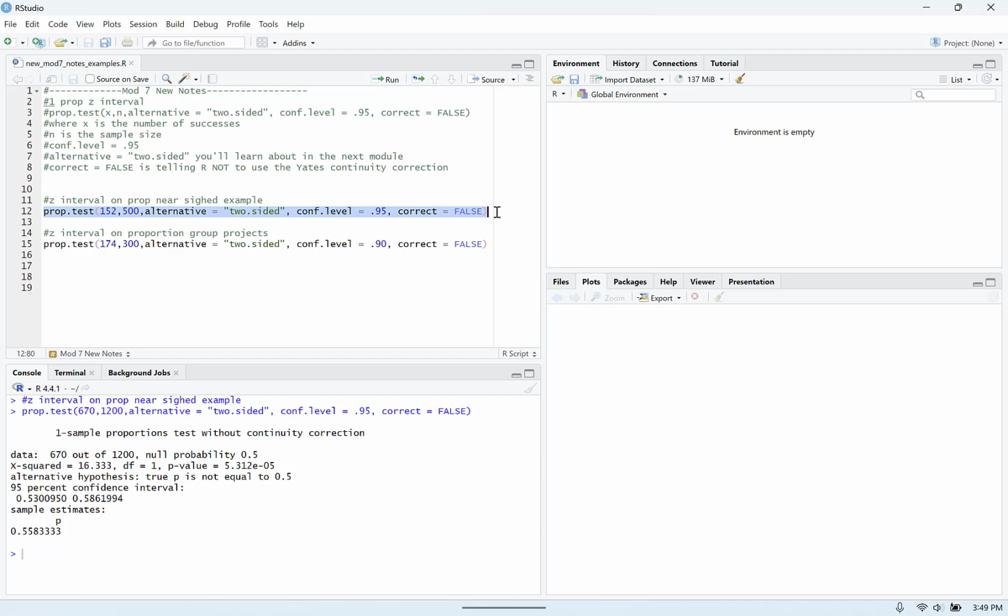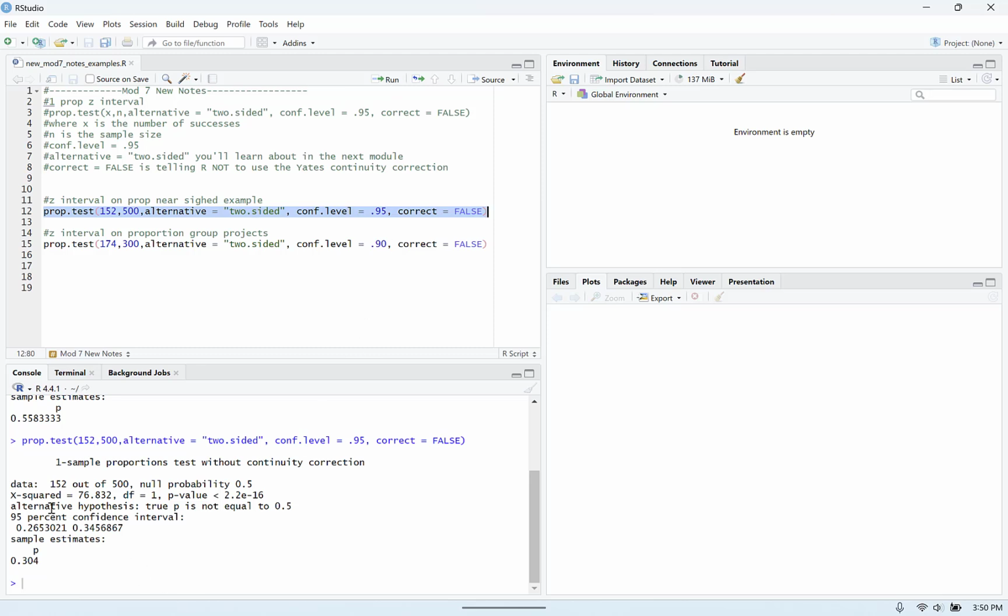So I'd have to count all of my data using a frequency table, but I don't have the raw data. So run the code prop.test of 152, 500, alternative is two-sided, confidence level is 95%, and correct equals false.